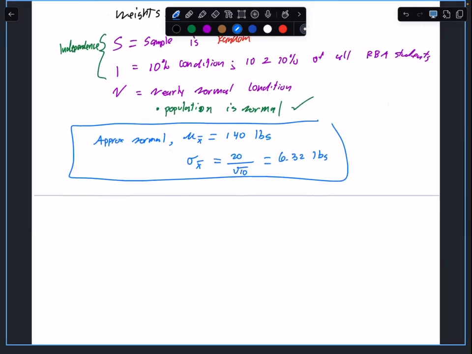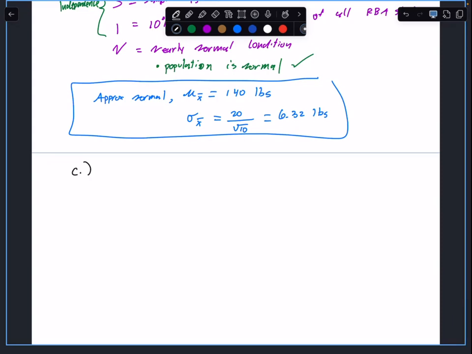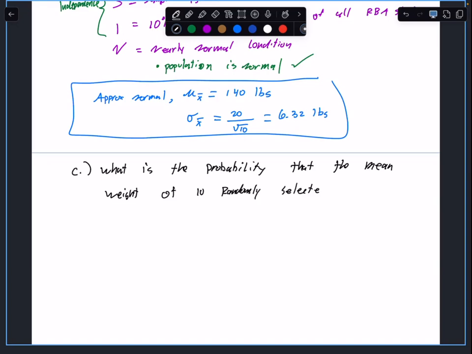All right. C. Now, what is the probability that the mean weight of 10 randomly selected RBA students is more than 125 pounds?